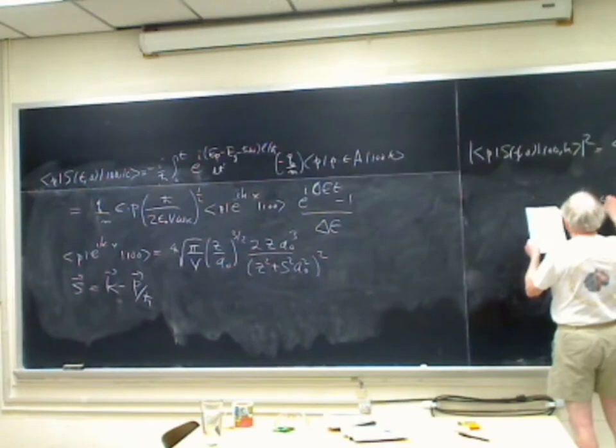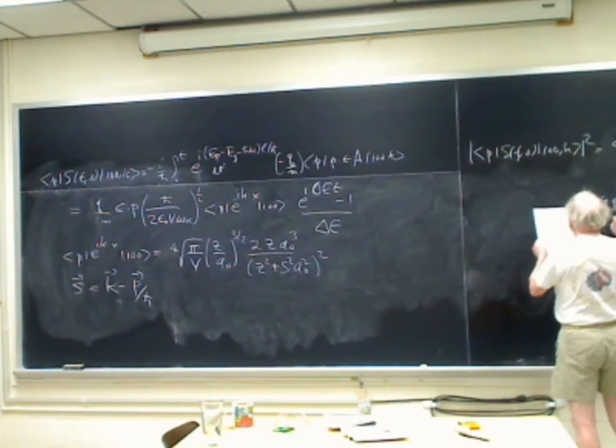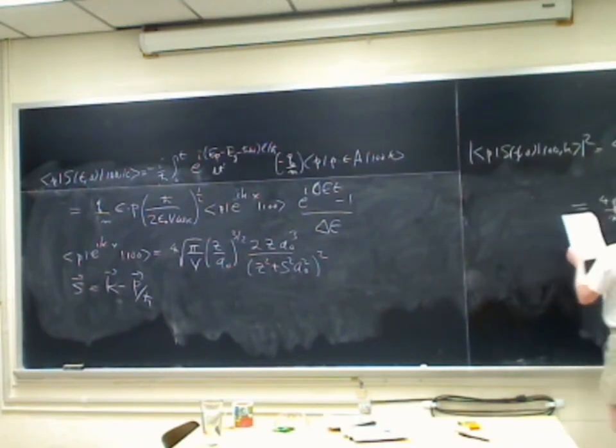So this is 4q squared over m squared, the matrix element p dot A 100K squared, delta of delta E times pi t over 2 h bar.